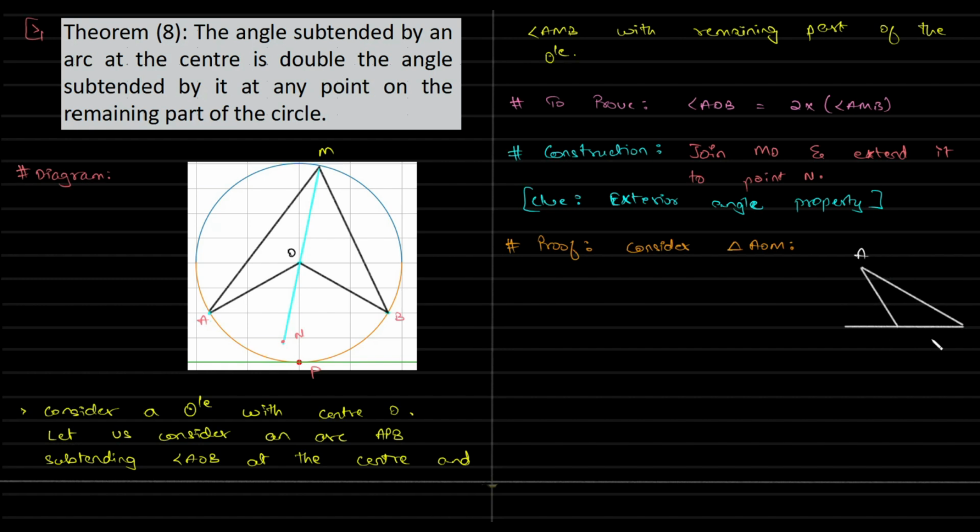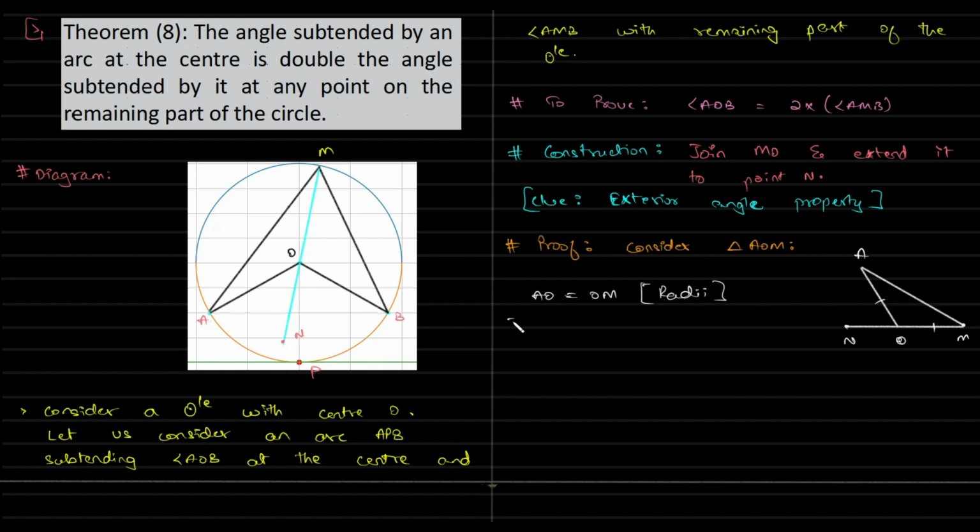So this is AOM and that's N. So now these two lengths are equal. AO is equal to OM. Why is it so? Why? Because they are, yes, radius, right? Both are radii, so they are equal.